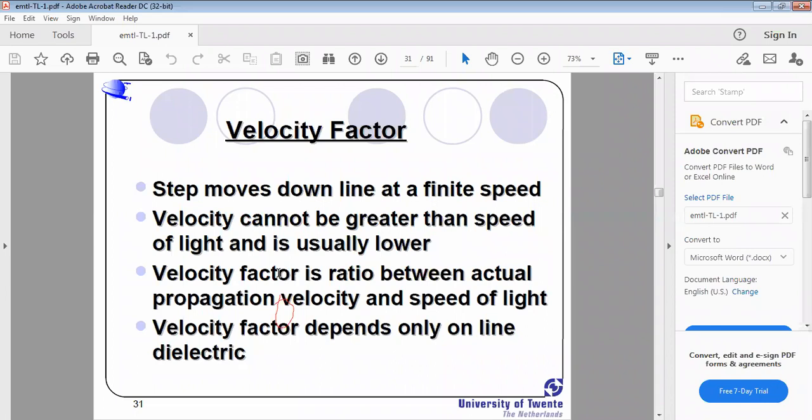When I am propagating the signal in free space, that is one part. When I am propagating the same signal in a transmission line, which one receives the signal first?